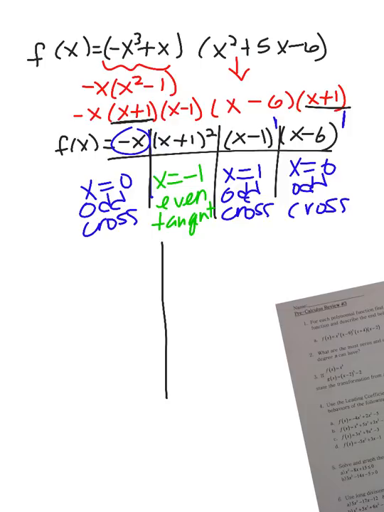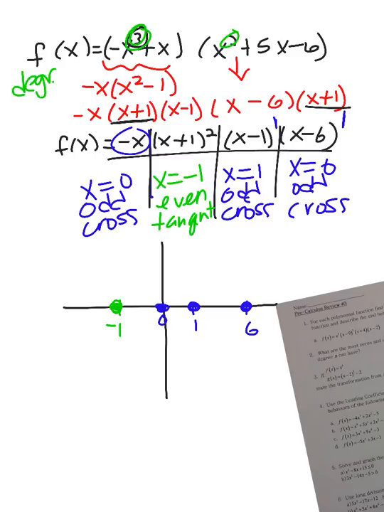Okay, so let's see what our graph will look like. So I have zeros at 0, 1, and 6, and also at negative 1. Okay, so the degree, count up the exponents, so I have 3 here, 3 here, and 2 here, so the degree is 5.